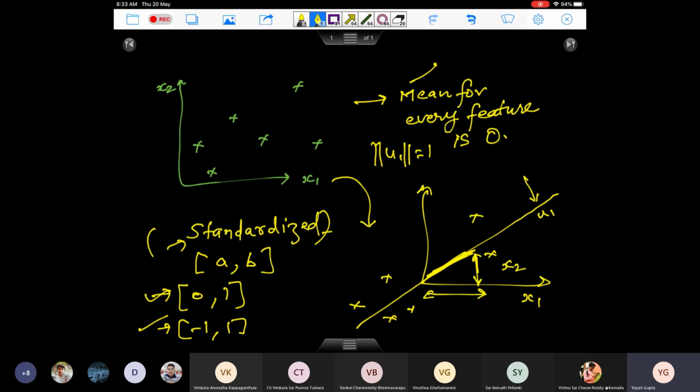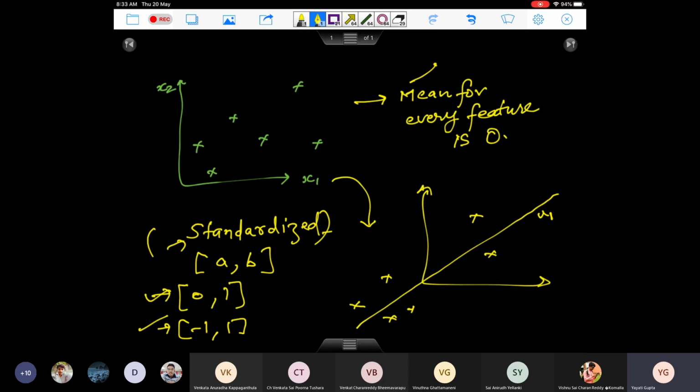Let's say I know that all my feature values are between -1 and 1. So I only need to know this direction, right? So instead of using this U1 as is, I'll ensure that the norm of U1 is equal to 1. Basically, the length of this vector is equal to 1.